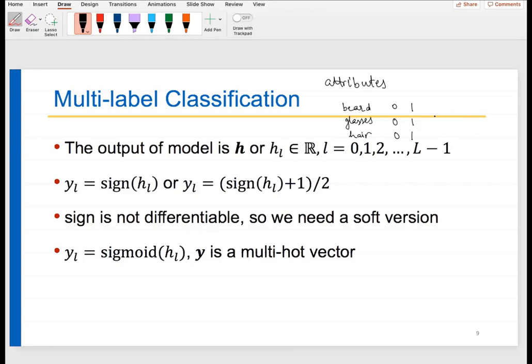Now I want my classifier, given a face as the input, to detect whether those attributes are present or not. This is not a multi-class classification. It is not that if you are wearing glasses you cannot have a beard or you cannot have hair, but everything is possible, right? So each label is independent of other labels in general, right?